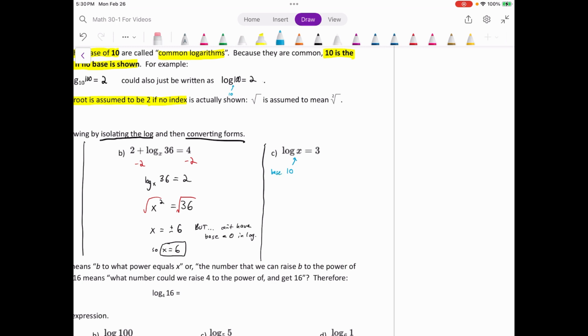So what is this actually saying? It's saying that 10 to the power of 3 equals the argument. So 10 to the power of 3 equals x.